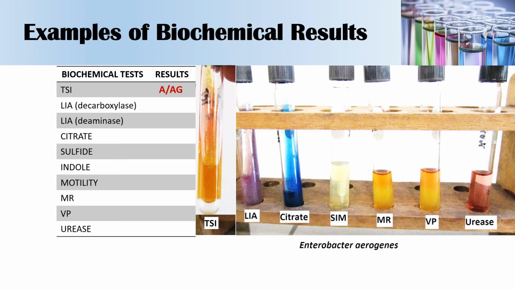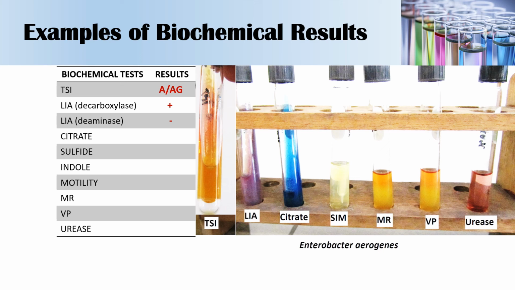Next, for the LIA, we have two, the carboxylase and the aminase. If it is positive for the carboxylase test, the butt should be purple. So it's purple, that's why it is positive. And if it is positive for the aminase, the slant should be burgundy. But it is not, so it is negative.